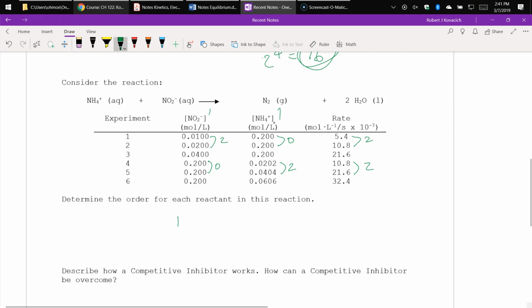So then we can go rate, all right, K is equal to rate divided by 0.01 and 0.2.